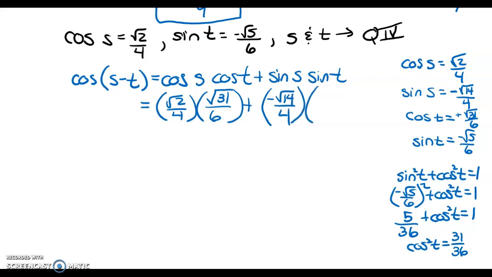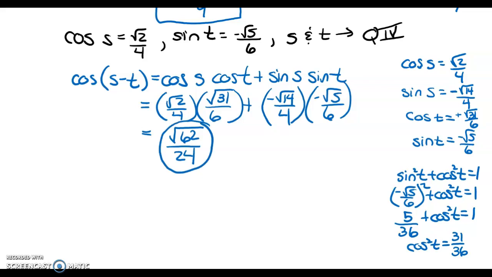And my sine of t is negative radical 5 over 6. So when I do that calculation, I get the square root of 62 over 24 plus, and this is going to be what the left part of this addition is, plus I'm going to get the square root of 70 over 24, and that's the other side. These can't really be simplified, okay? So I'm just going to write them as one fraction.